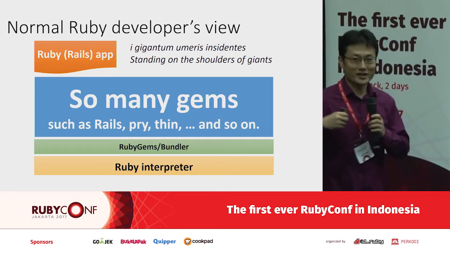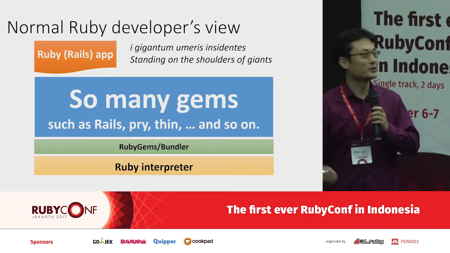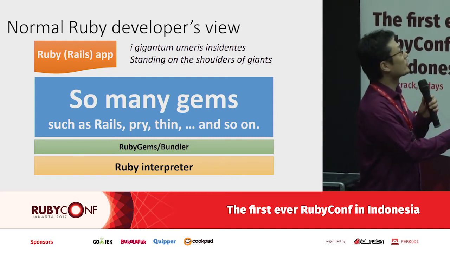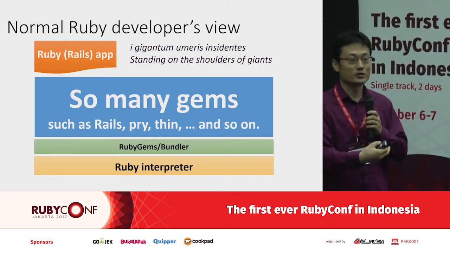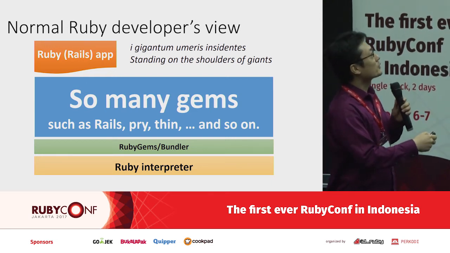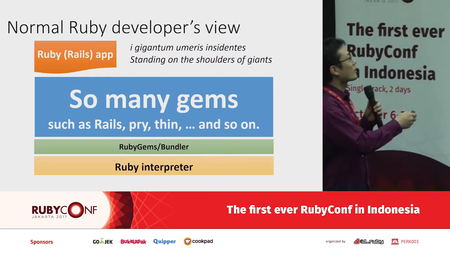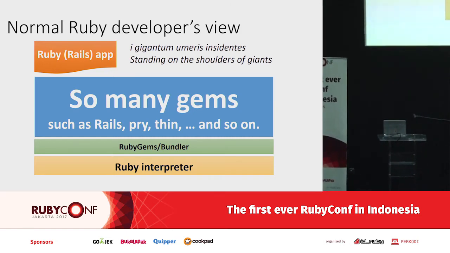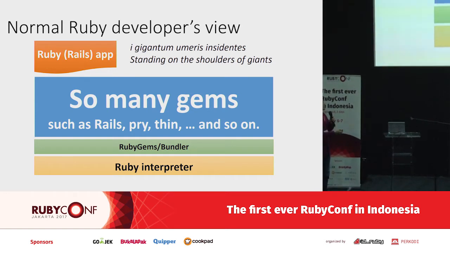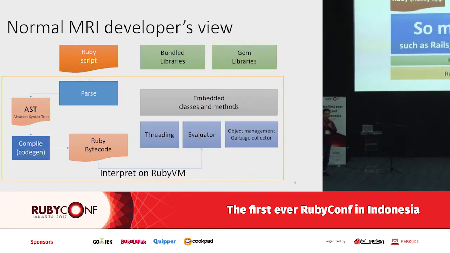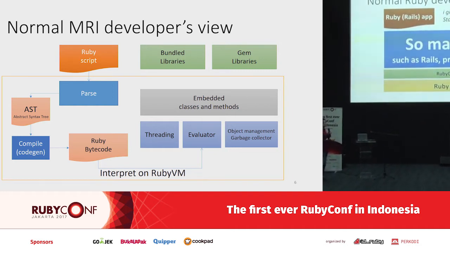Maybe most of you are working on Ruby applications or Rails applications. You make your application on a framework or other libraries, the libraries are managed by Ruby gems or bundler, and they are executed by a Ruby interpreter.